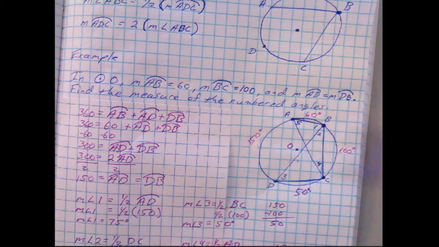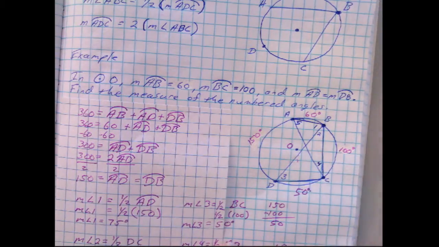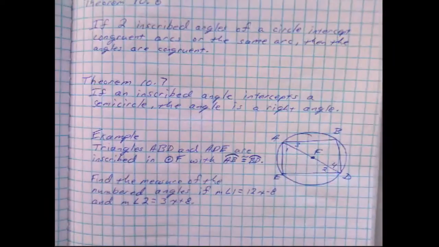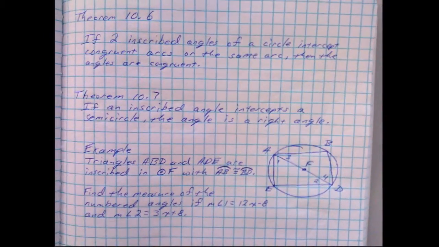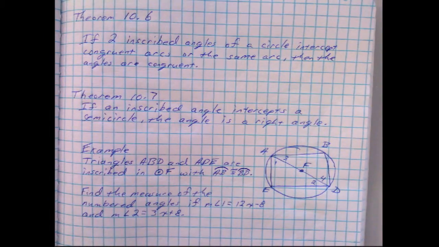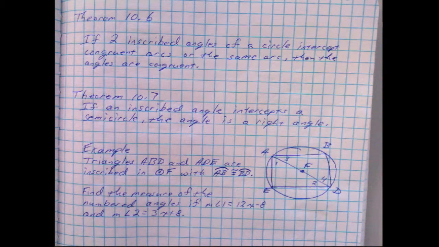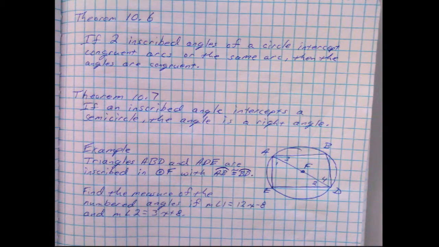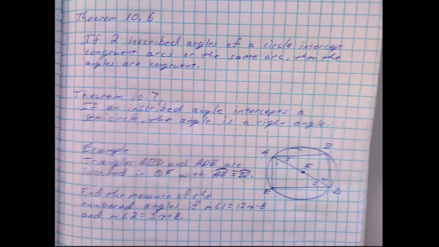They both intercept this arc, BC, and so they were congruent. That's why those were congruent. Alright, moving on to the next one. 10.7 says if an inscribed angle intercepts a semicircle, the angle is a right angle, which makes sense because if it intercepts a semicircle, that's 180 degrees, and we said that it's half, which would be our 90.